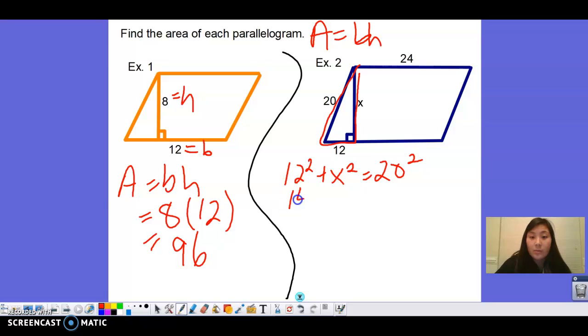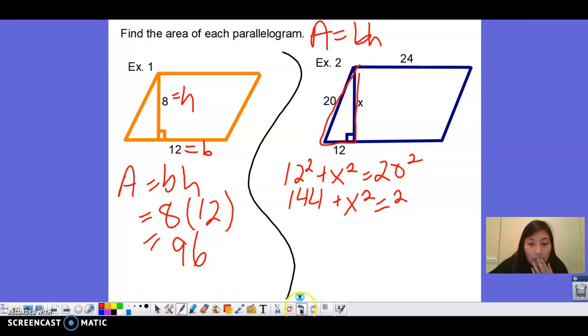So that gives us 144 plus x squared, and that's going to equal... actually, that's a lie. 20 squared, I do not know that off the top of my head. I believe that's 400, but let's make sure. Yep, that's going to be 400.